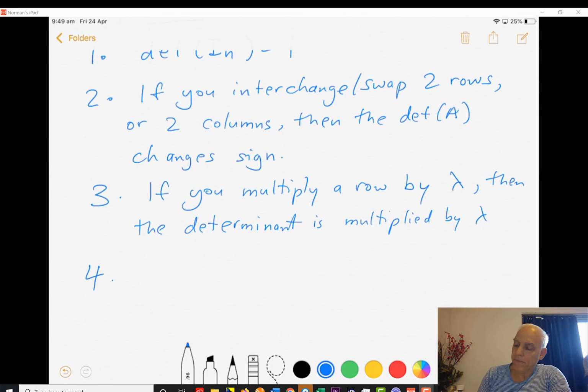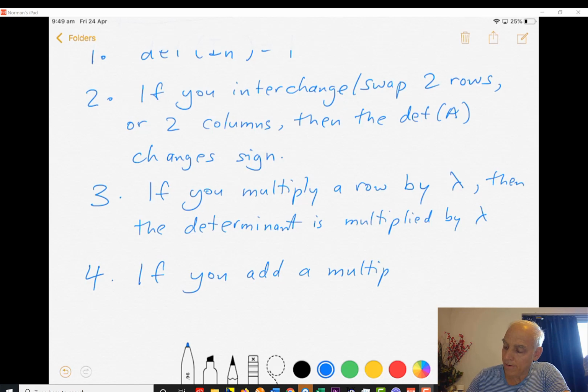Fourth, if you add a multiple of one row to another, the determinant does not change.